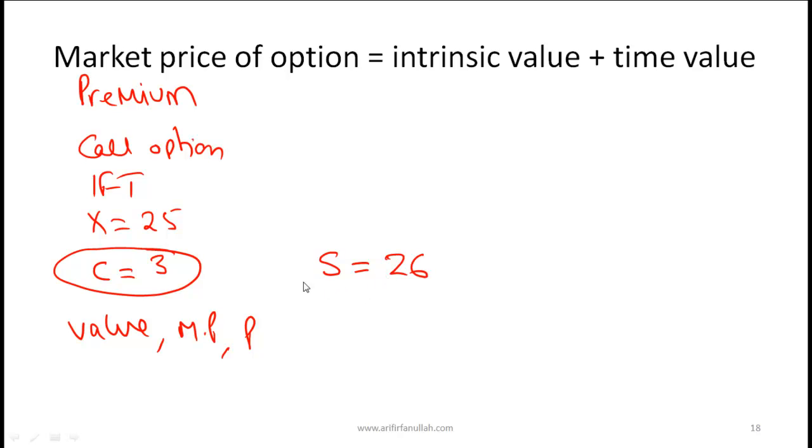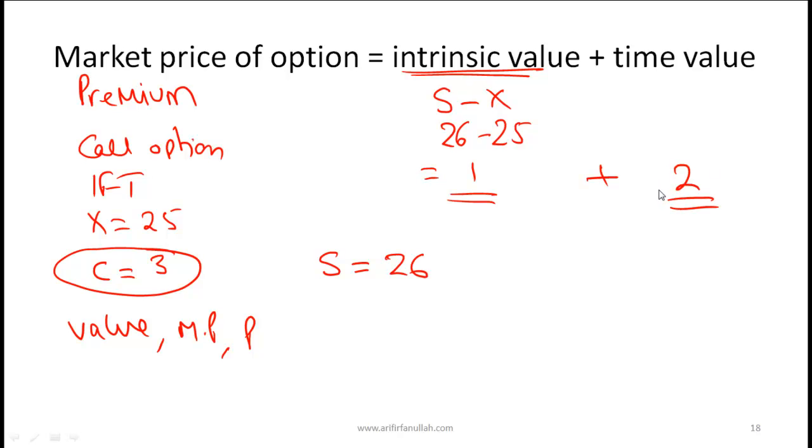Now the concept of intrinsic value is, very simplistically, the intrinsic value is S minus X. So in our case, if the option were to be exercised today, the value of the option is 26 minus 25, which is equal to 1. So the intrinsic value of that option today is 1, and the time value is 2.